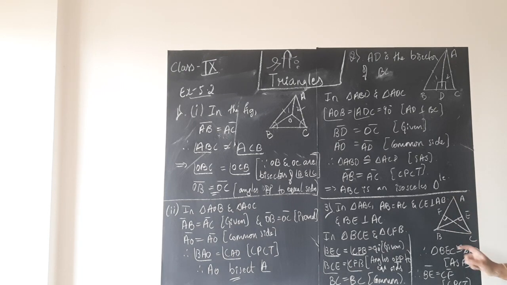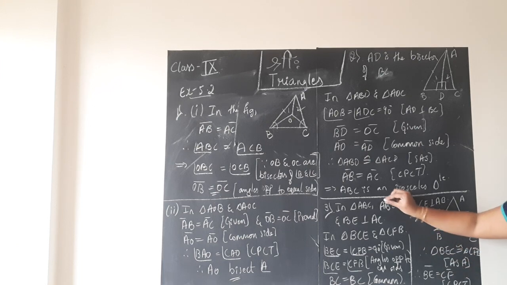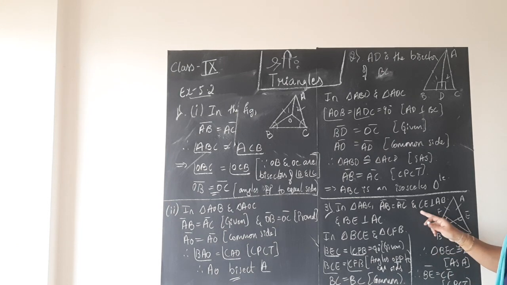To do so, first we shall consider triangle ABC. AB equals AC we will take. Why? Because they have said it is an isosceles triangle.